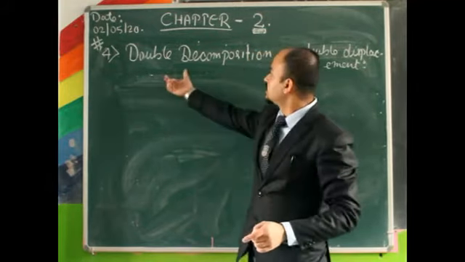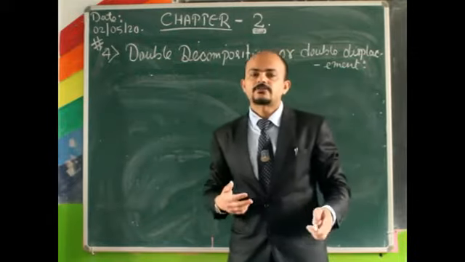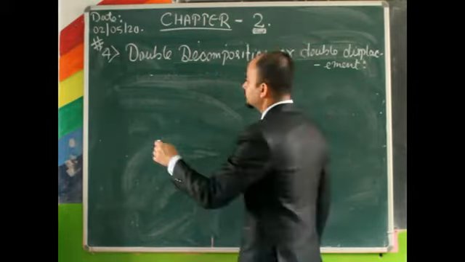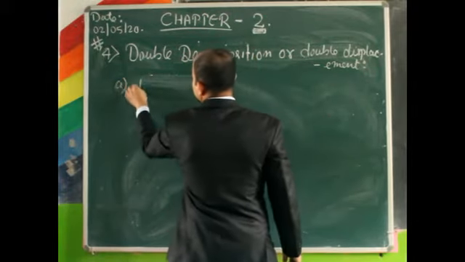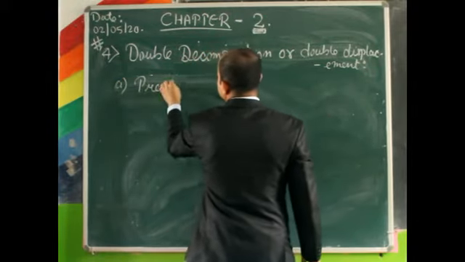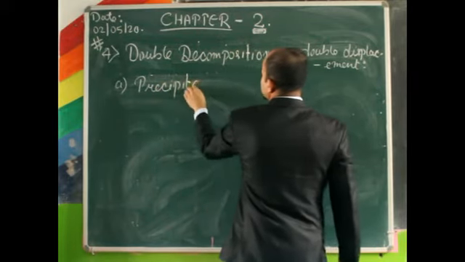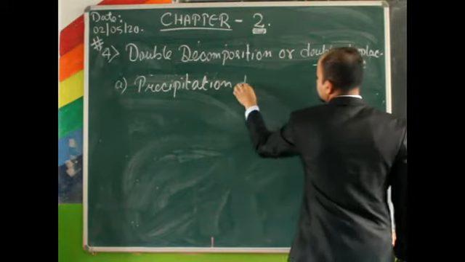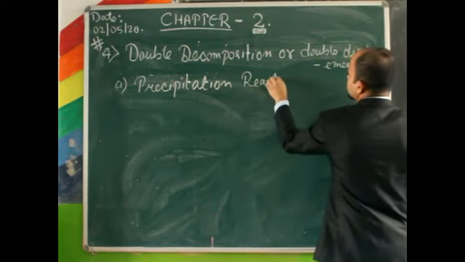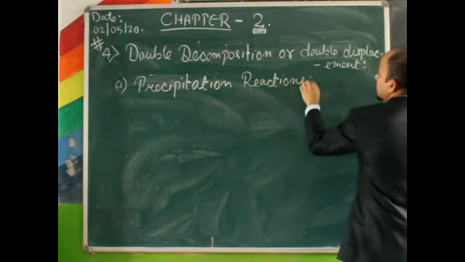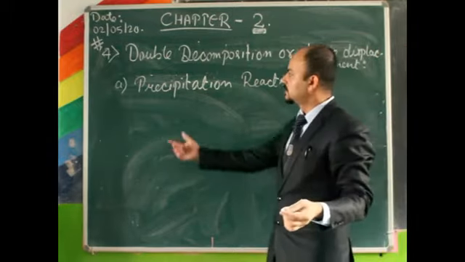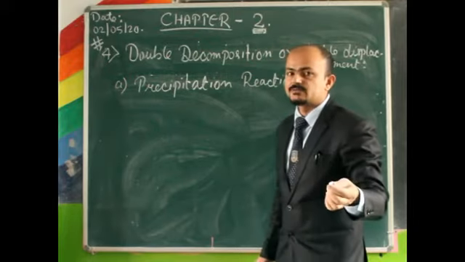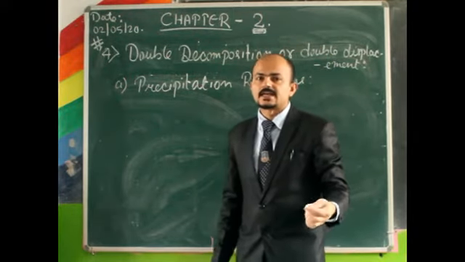Now, this double decomposition can be categorized again into two types. One is precipitation reactions. Last time also we had discussed about precipitates. Okay, now let's take the same example that we had discussed in our last class.